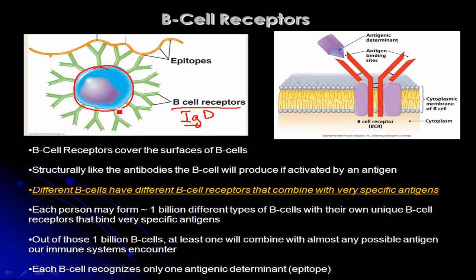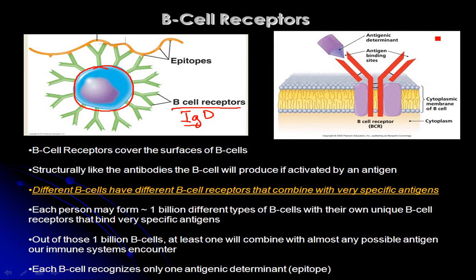And again, these diagrams are very highly embellished. The size of a B cell receptor is not going to be anything like that at all. You would not be able to see those B cell receptors sticking out of the membrane of a B cell. They're proteins, which are much, much smaller than a cell.